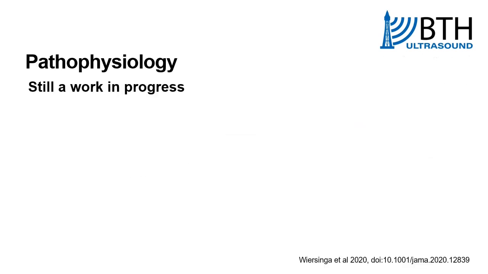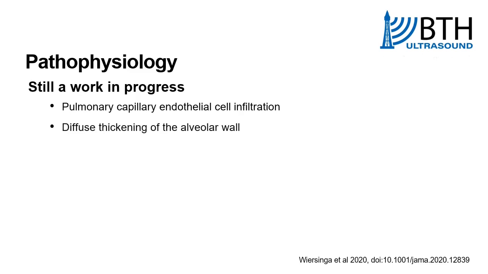So what about the pathophysiology? Still a bit of a work in progress, but there seems to be some more and more specific information coming out. So it would seem to be a pulmonary capillary endothelial cell infiltration. So the virus affects the endothelial cells of the pulmonary capillaries and to some extent the alveolar endothelium as well. You get a diffuse thickening of the alveolar wall. That causes airspace infiltration by pulmonary edema.